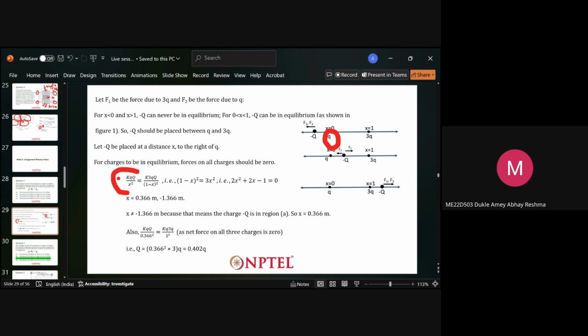Based on that, we again substitute the value of x in the distance formula to get the magnitude of big Q, so as to get the equilibrium.